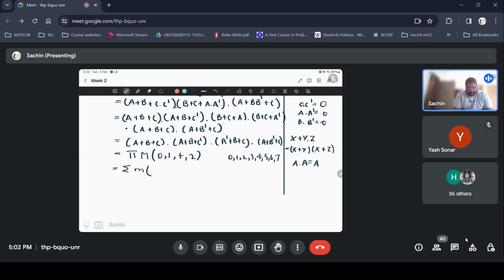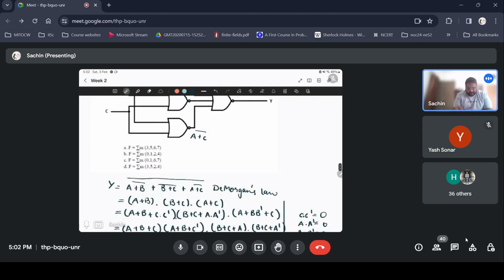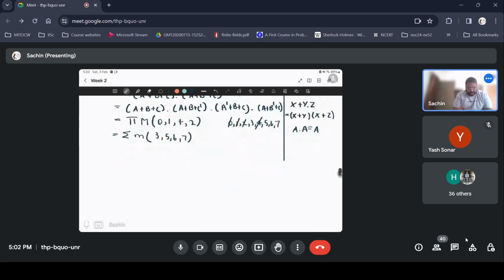So whatever is not there in the max terms form, if you include that, I will give you the expression in terms of min term. So 0, 1, 4, 2, you exclude those. What you're left with is 3, 5, 6, 7. Right, so the answer is option A.